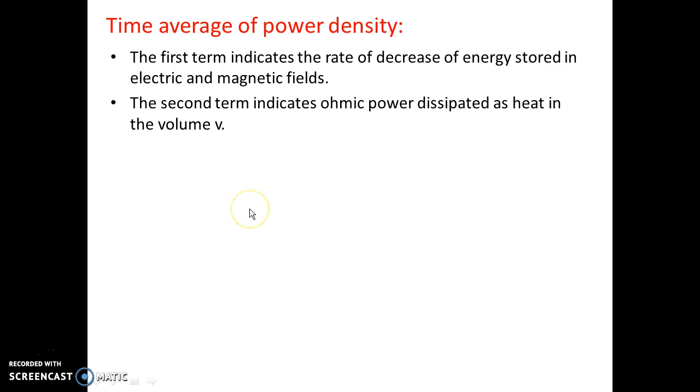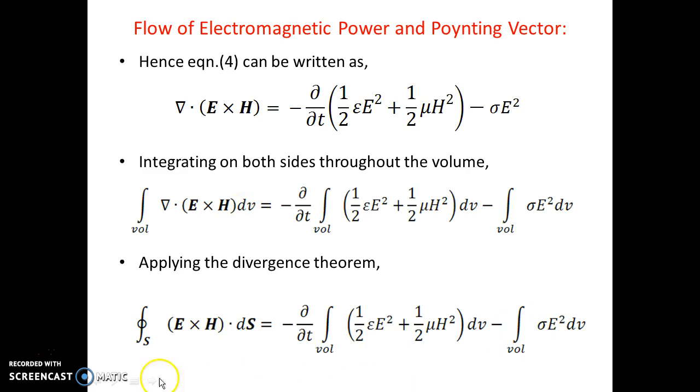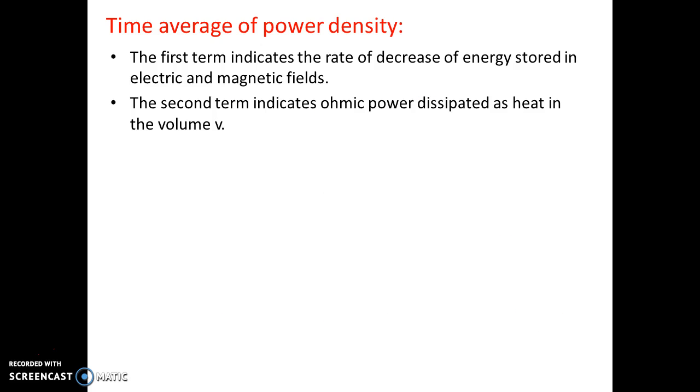So from the Poynting theorem we find that there is a rate of decrease of energy stored in the electric and magnetic fields and the power dissipated in the medium itself. This indicates that when an electromagnetic wave travels from one point to another, it carries energy with it, and this energy decreases as it travels further from the source.